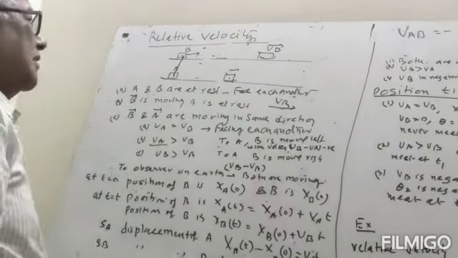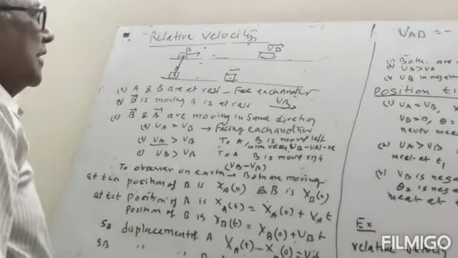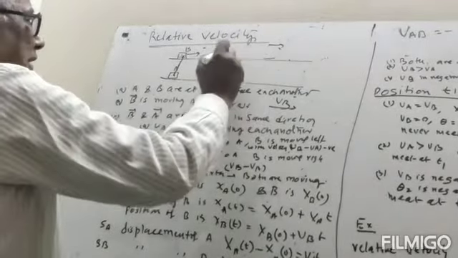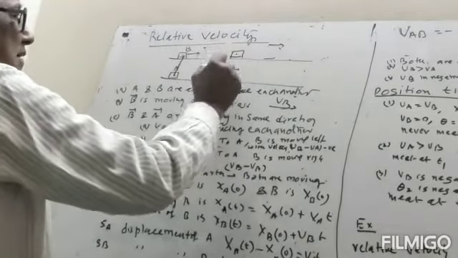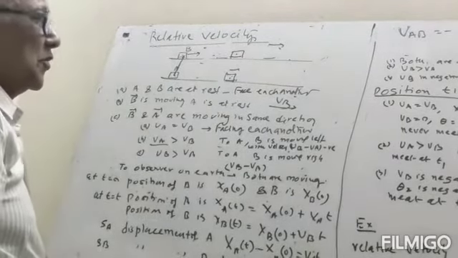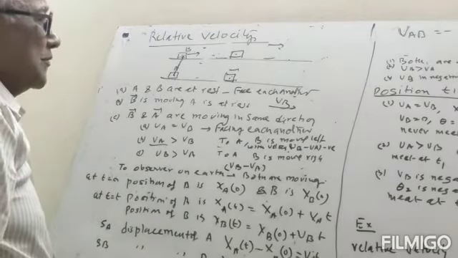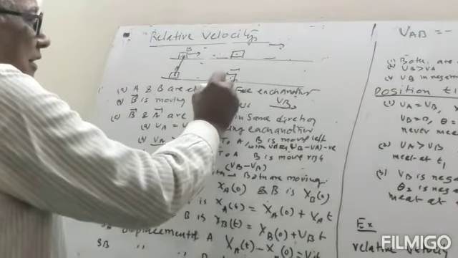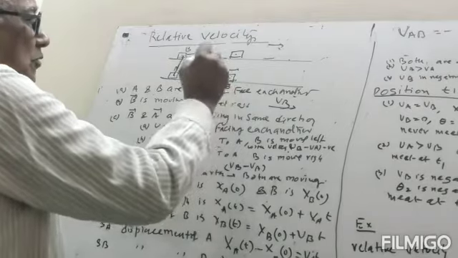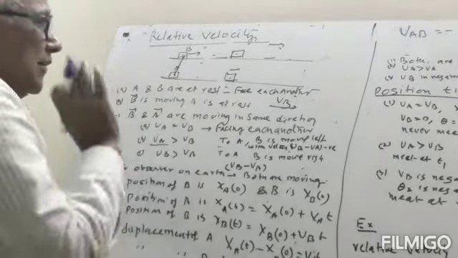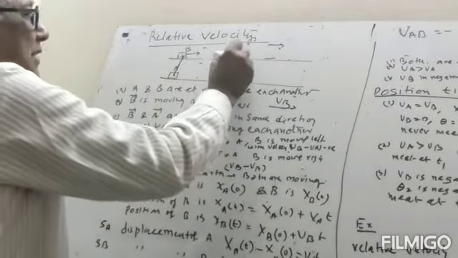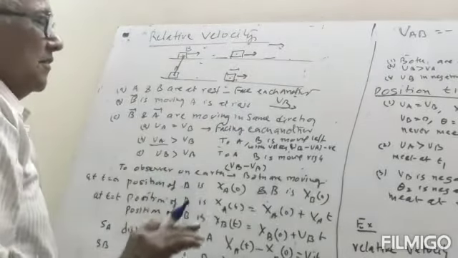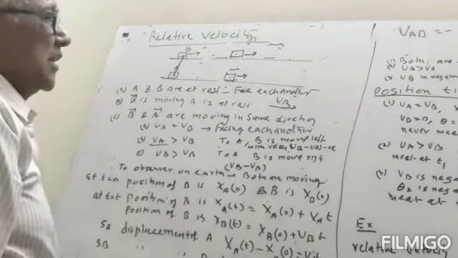So if both are moving with the same velocity, then their relative velocity is 0. If the observer is on the Earth, outside, then what will he observe? He will observe that both are moving with the same velocity in the same direction.